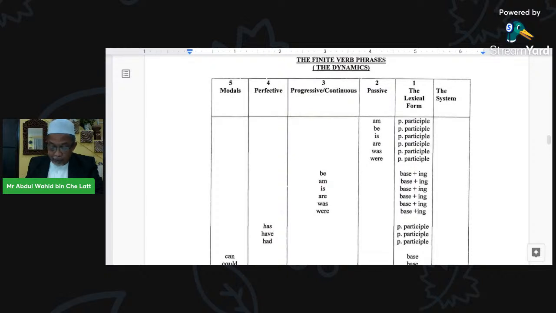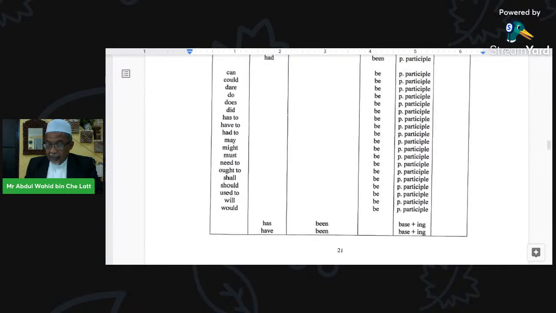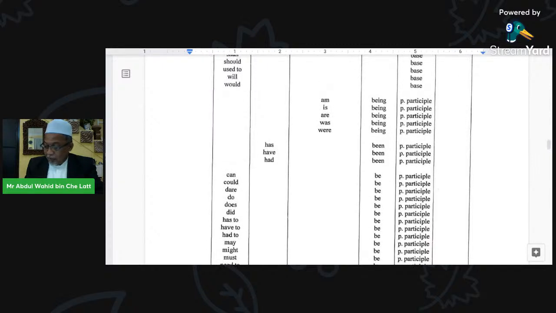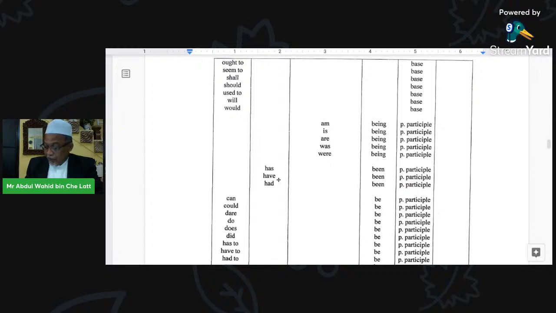You turn to page 21. Put your ruler under the word has at the bottom there. Has in column 4. So you have has in column 4, been in column 3, and base ing in column 1.